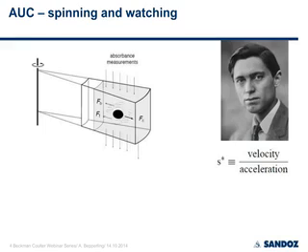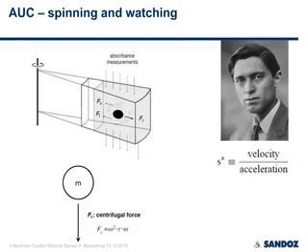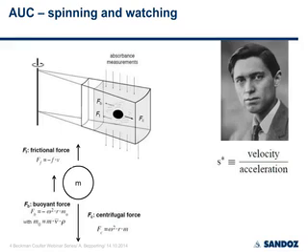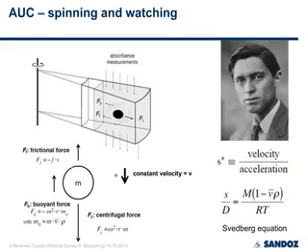And the reason for that is that upon spinning the rotor and the particle picking up some speed, it gets into the balance of three forces: the centrifugal force, the buoyancy force, and the frictional force. And all those forces are linked together and form a constant velocity, which is called the sedimentation coefficient, abbreviated as S, and it is related by the famous Svedberg equation to the diffusion coefficient and the mass of the particle.